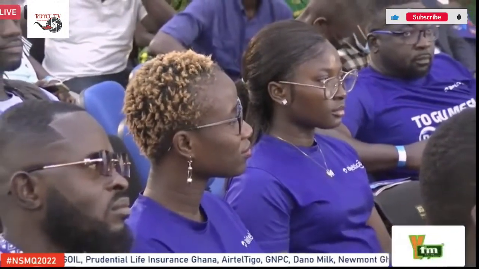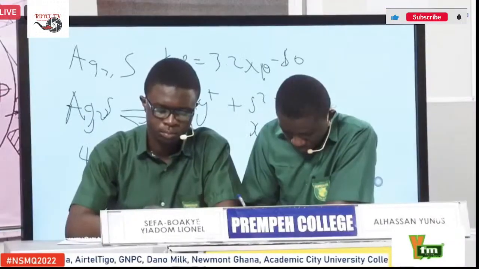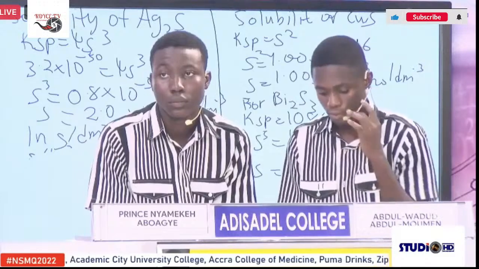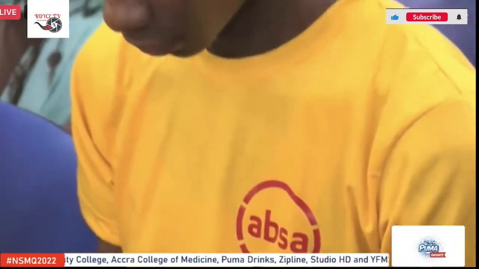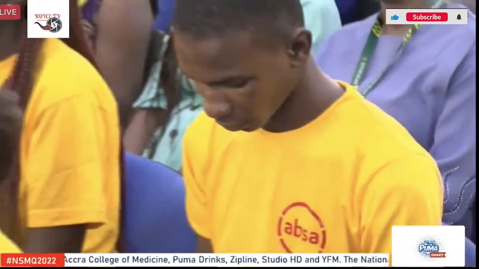So the solubility product will be obtained by multiplying the concentration of Ag plus squared, multiplying the concentration of sulfur. S2 minus is an ion. That is what it is. So now from the balanced equation, if we call the solubility of the S2 minus S, then we can obtain the Ksp.